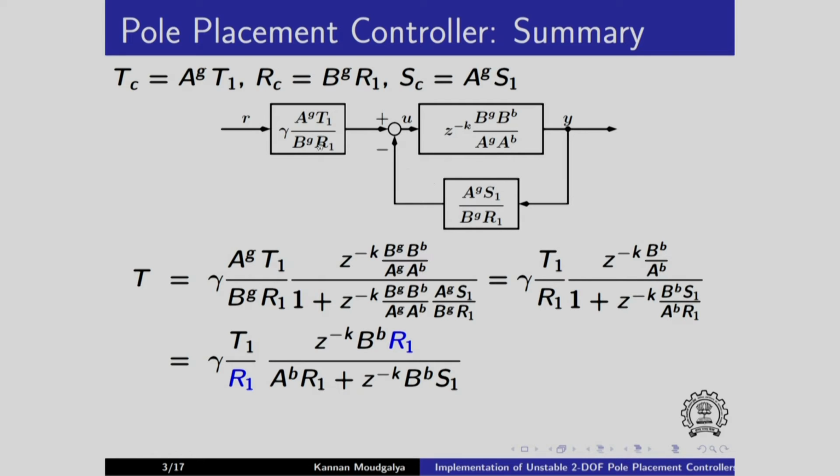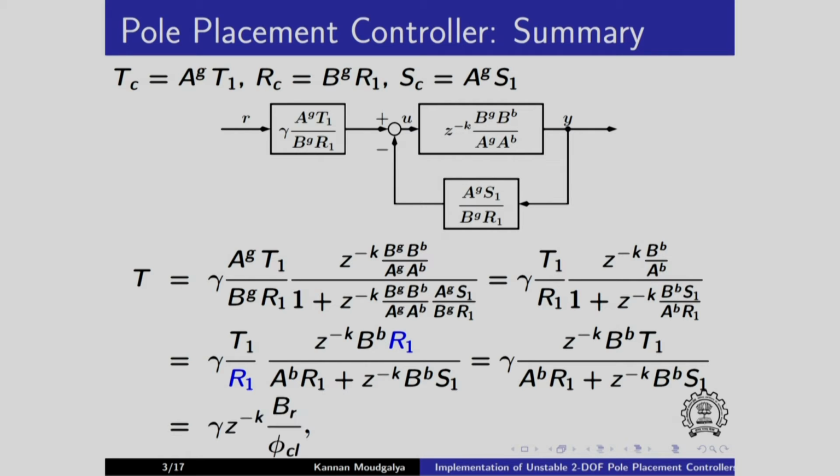That is when the controller itself is unstable. So supposing I cancel this, I get this expression, which is what we did in the previous video, and this was equal to BR by phi CL. This is our reference model as we had before. As I mentioned earlier, notice the cancellation of R1.